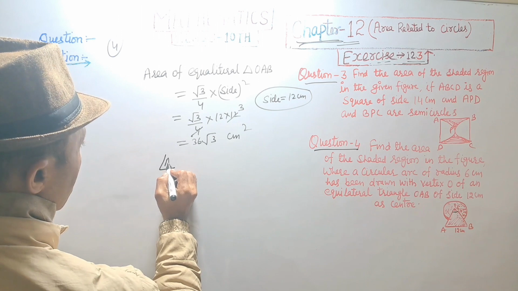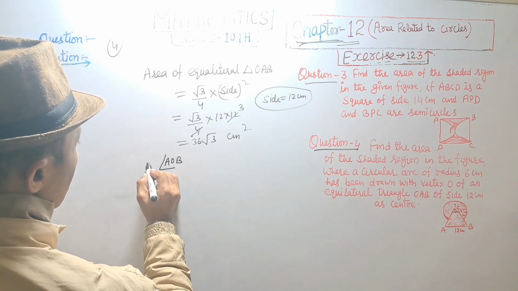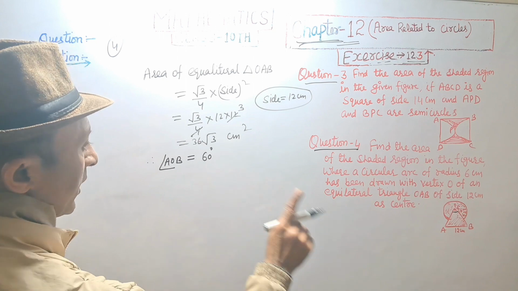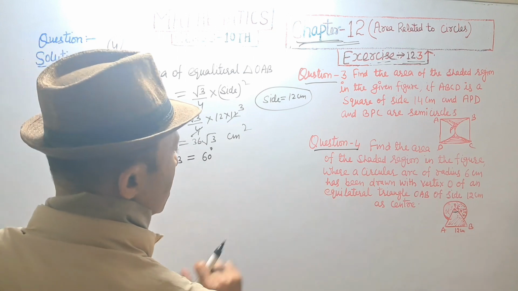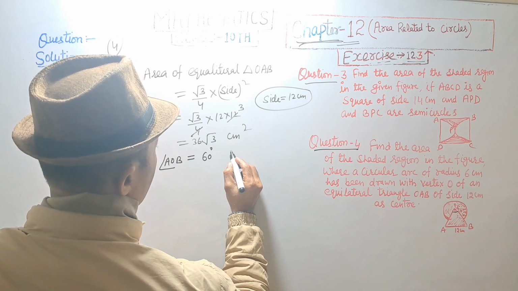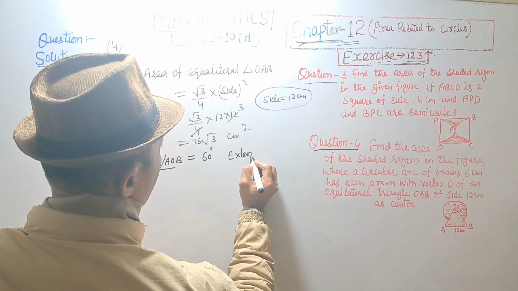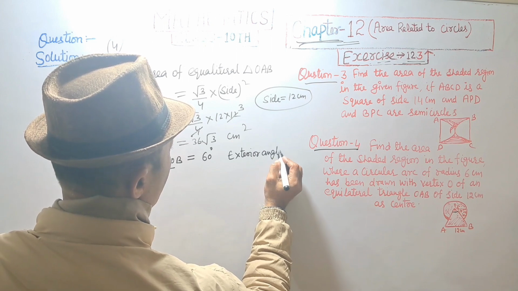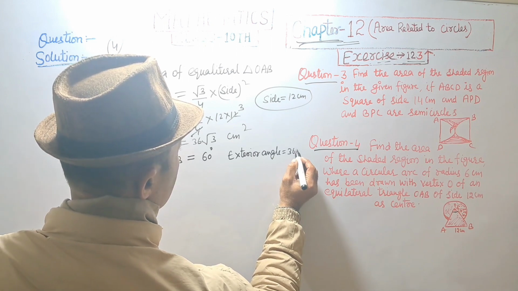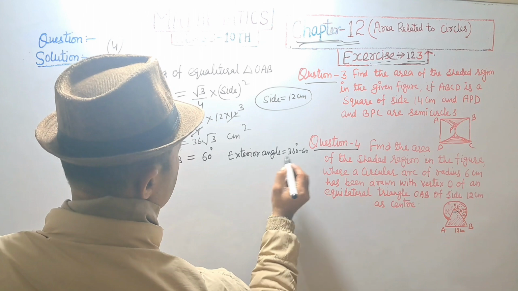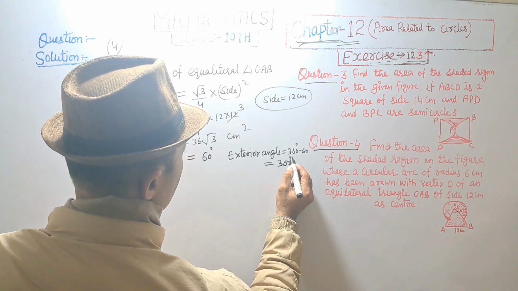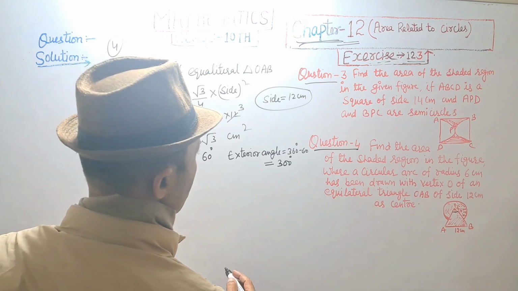Angle AOB is equal to, in equilateral triangle, each angle is equal to 60 degree. Exterior angle is equal to 360 minus 60, that is equal to 300 degree.